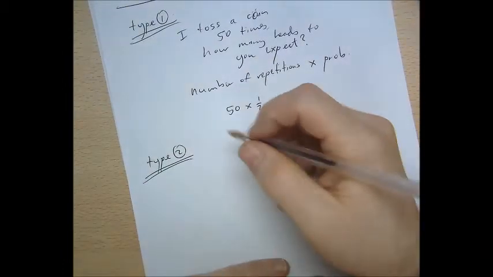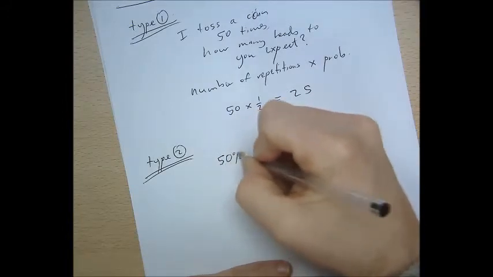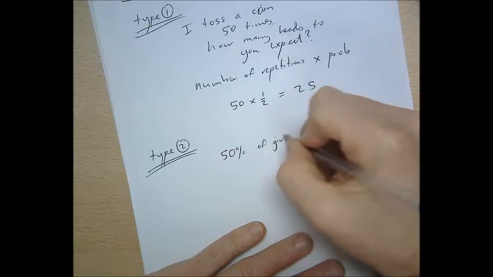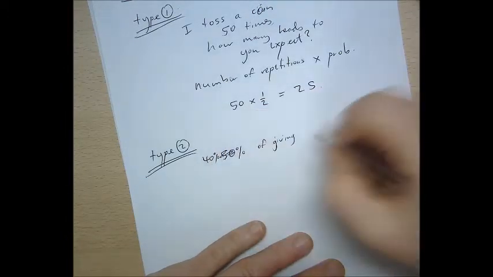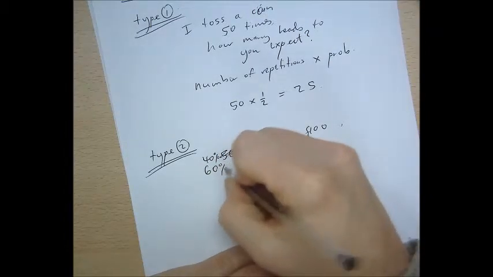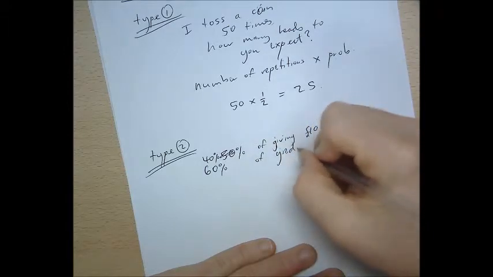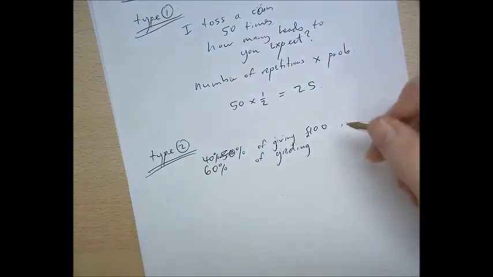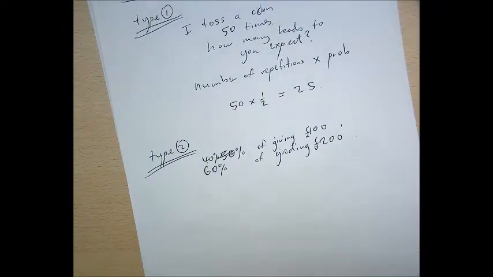Okay. Now type 2 is about money, when you've got investment options. So if I say that there's some investment and it's got a 40% chance of giving £100 and 60% chance of yielding £200, then what will we expect on average?